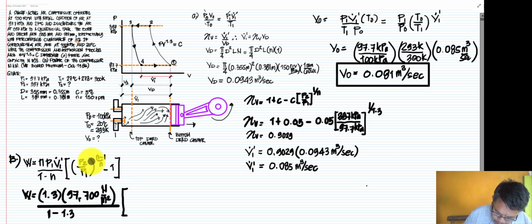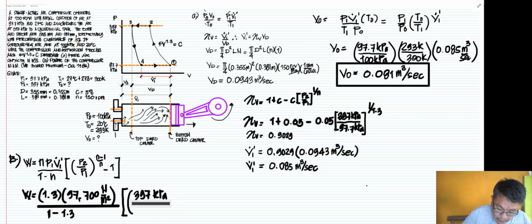Then multiplying, we have here the value for P sub 2, which is 397. I'm going to express this in kilo, since they will cancel out anyway, so no need to be cautious on this one. Then this is divided by P sub 1, which is 97.7 kPa.